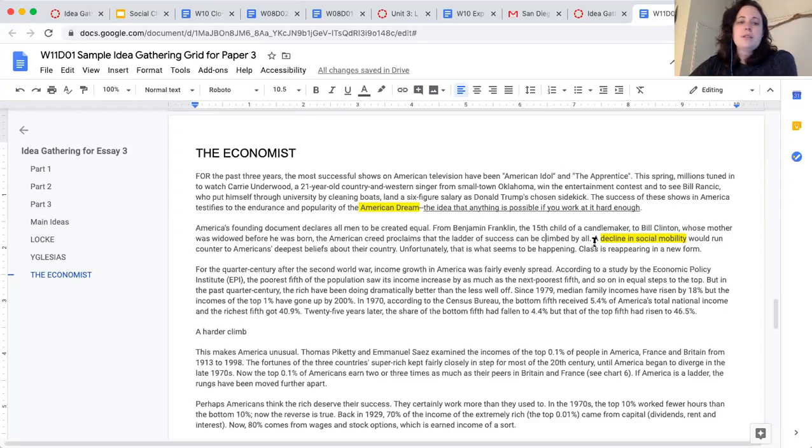So next we've got this third paragraph. For a quarter century after the Second World War, income growth in America was fairly evenly spread, according to the Economic Policy Institute study. I'm just scanning through it.